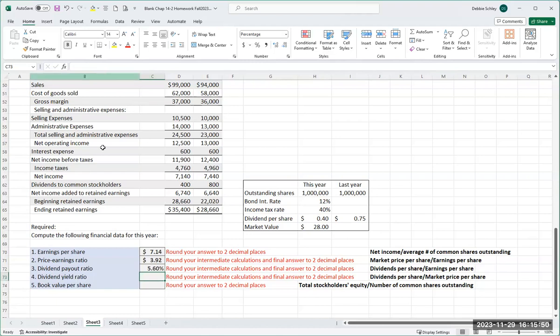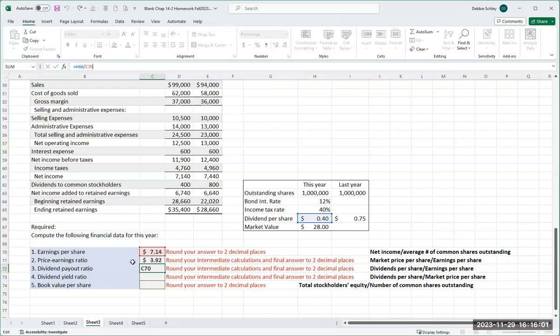There we go. That's better. Okay, sorry about that. So again, required 3, dividend per share for this year divided by the answer we got for number 1, the earnings per share. Number 4 is the dividends per share divided by the market value per share. And again, that's a percentage rounded to 2 decimal places.